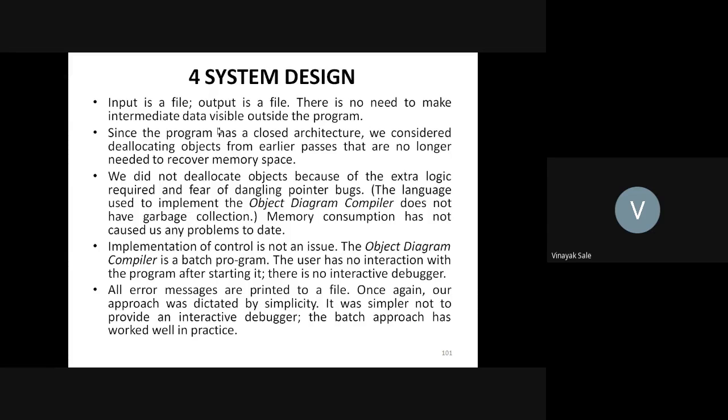Implementation of control is not an issue. The object diagram compiler is a batch program. The user has no interaction with the program after starting it. There is no interactive debugger. All error messages are printed to a file.